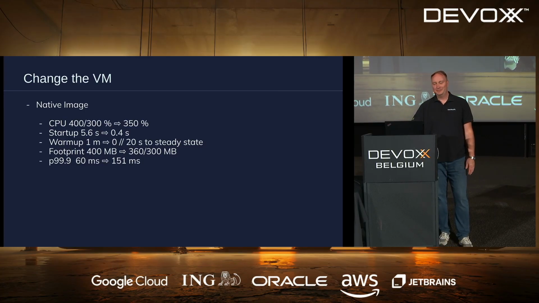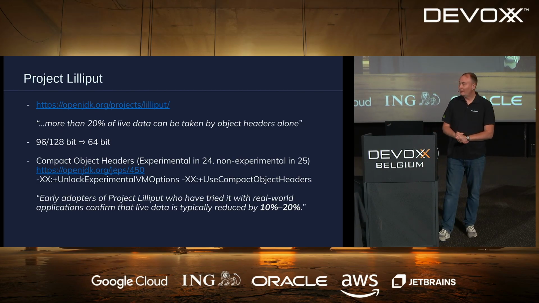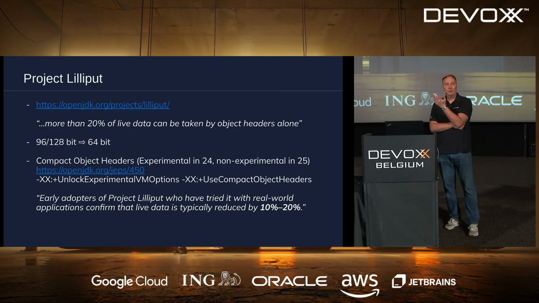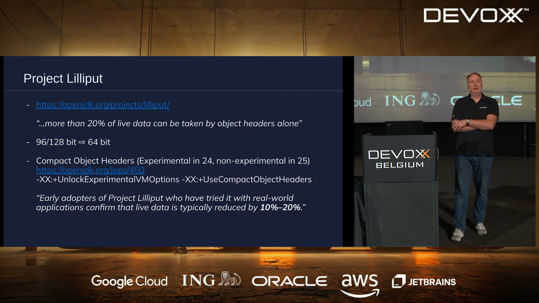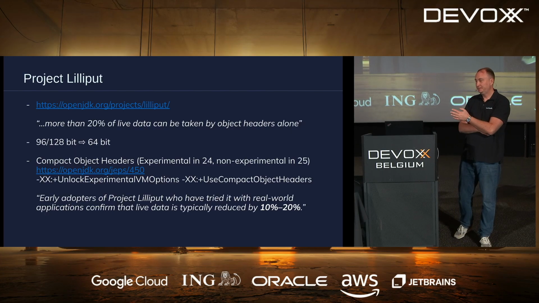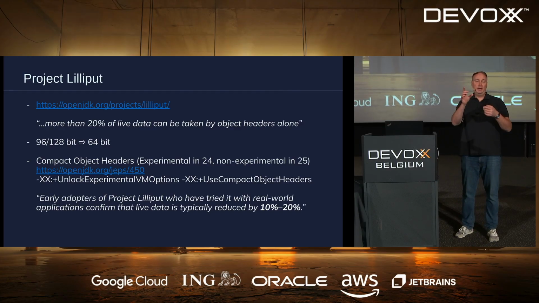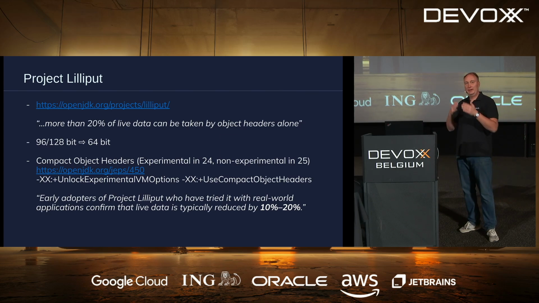For example, switch to parallel GC in the case of Liberica Native Image Kit. Well, another great improvement in OpenJDK is compact object headers that are not yet enabled by default, but they are no longer experimental in Java 25. So you can simply turn them on, and for every object, you will save the payload that's been wasted for its header.